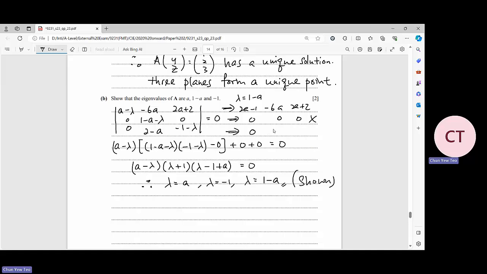Okay, so this one, if you put it inside, you will get 2 minus A. That's 2.